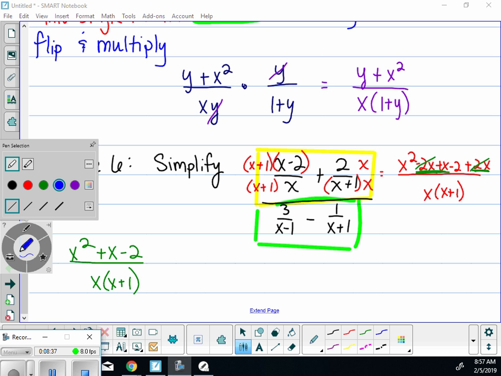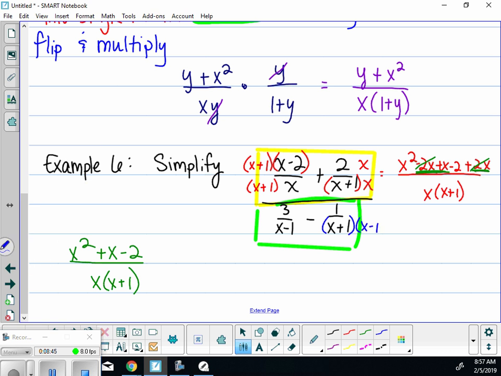Now I'm going to look at the denominator. So on the left fraction, I have an x minus 1. So the right is going to need an x minus 1. The right-hand side has an x plus 1 that the left doesn't have, so this is going to need an x plus 1.